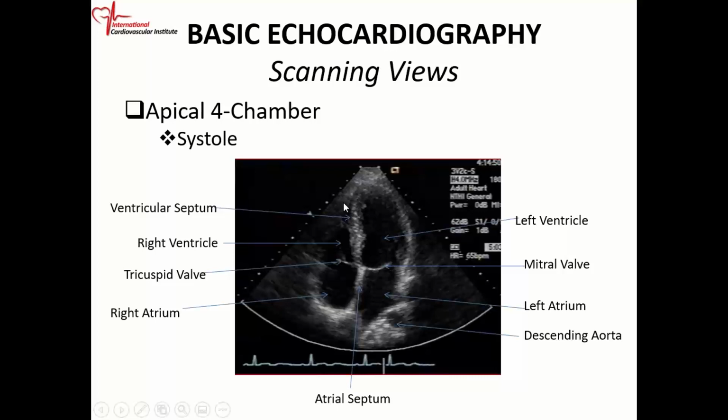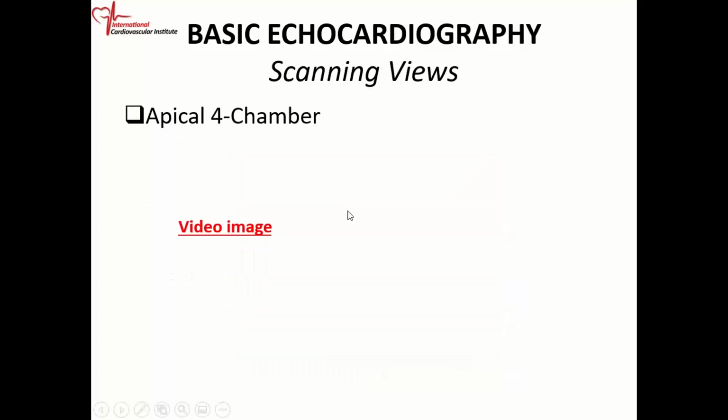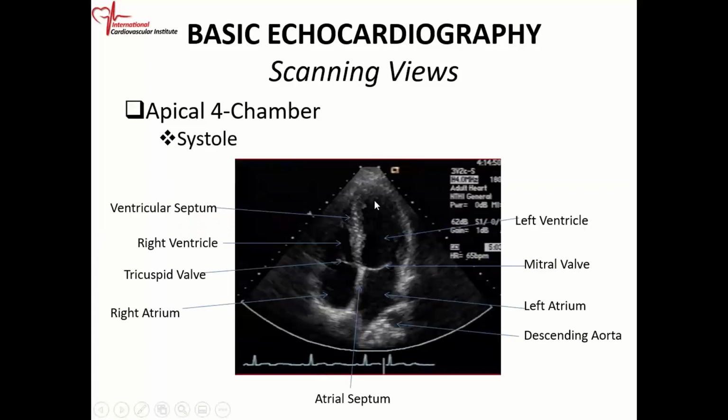This is your ventricular septum. Okay, so you have to know all the structures. And we talk about the apex of the heart. This is the apex of the heart, right up there.